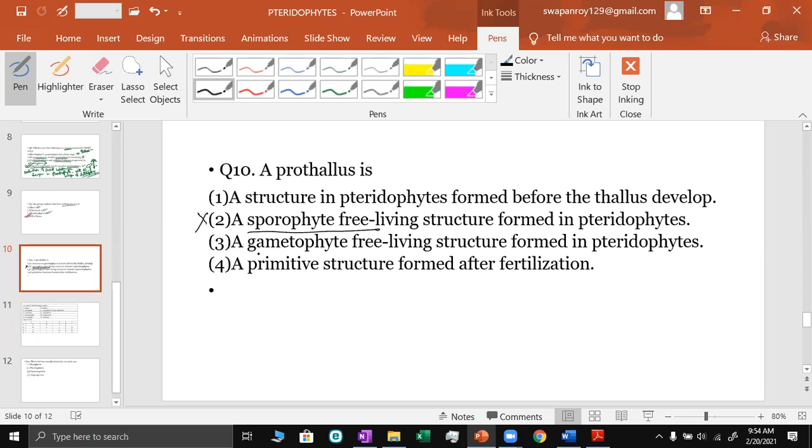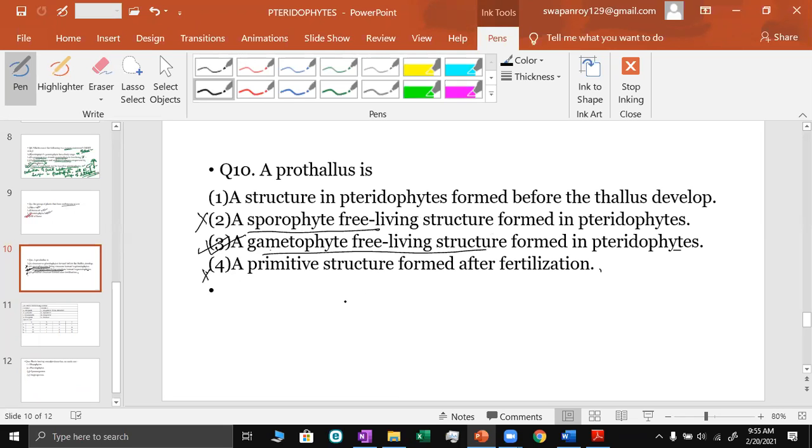Number three, a gametophyte, free living structure formed in pteridophyte. This is the correct one because in pteridophyte, the gametophyte and the sporophyte are free living. The other option, a primitive structure formed after fertilization, no. So prothallus is a gametophyte which is a free living structure.